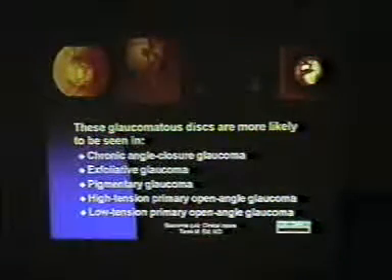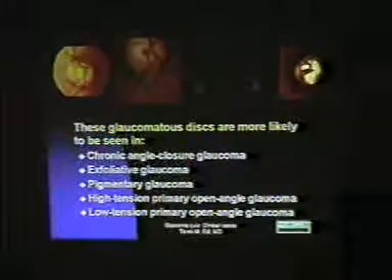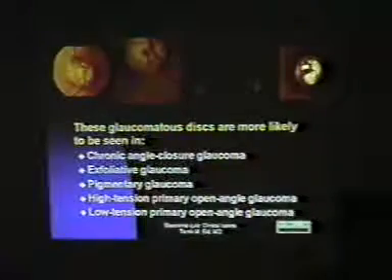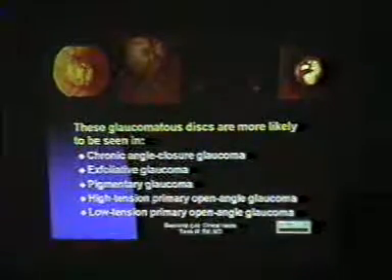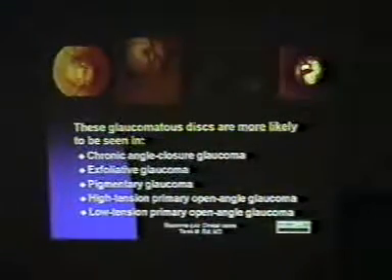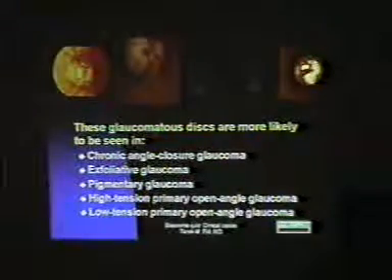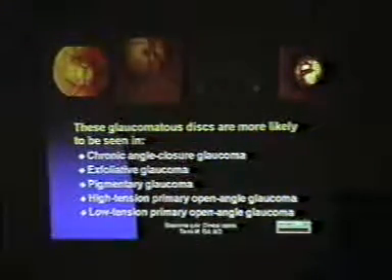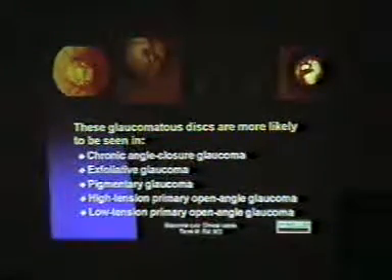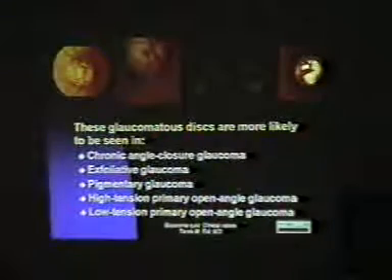You can have all these in chronic angle closure glaucoma, or exfoliative glaucoma, which is true or false. These discs can be seen in chronic angle closure glaucoma. Yes, true.